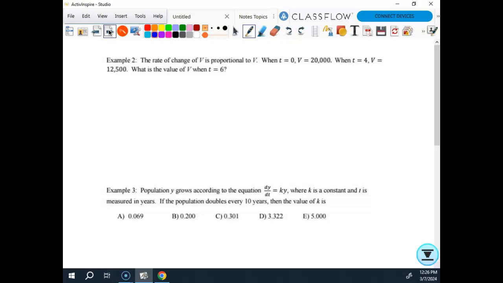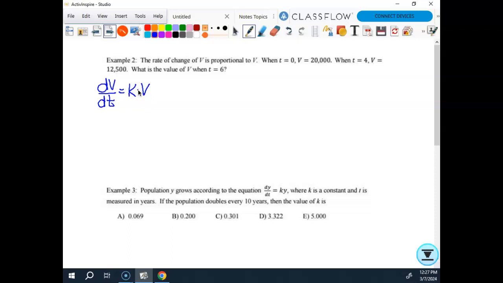The rate of change of v is proportional to v. So that means I'm not using y this time, I'm using v. My x variable really is t here, so I can say that dv dt is equal to k times v. Okay?